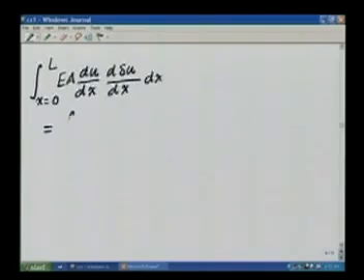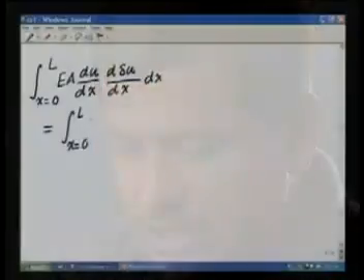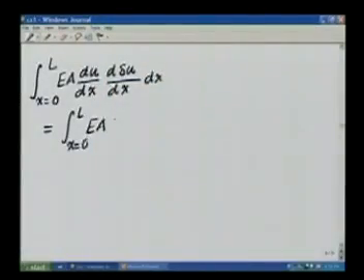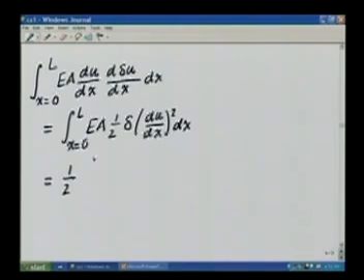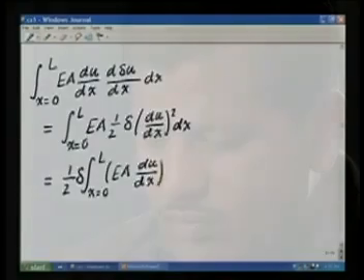So we can write it as integral x equal to 0 to L EA into half of delta of (du/dx) whole square dx, which we can write as half of integral 0 to L, we'll put delta of EA (du/dx) whole squared dx.